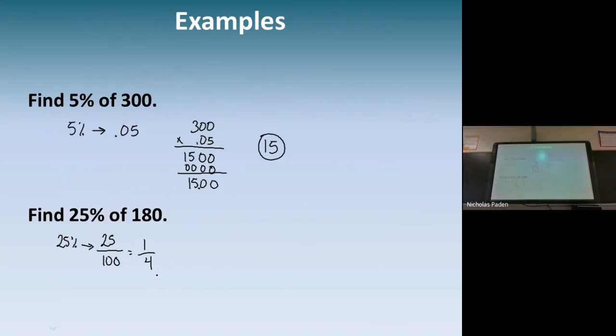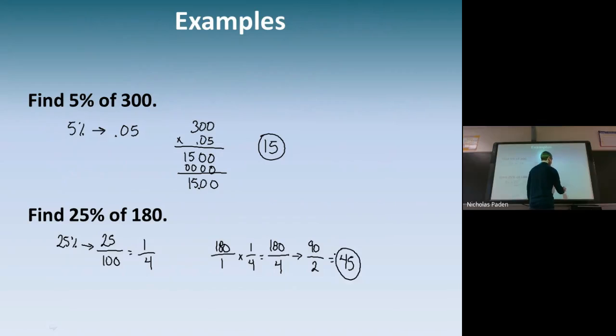Then I'm going to multiply 180 over 1 times that fraction, 1/4. So that's going to get me 180 over 4. And then I'll simplify 180 over 4. If I divide both of those by 2, I get 90 over 2. Divide that by 2 one more time, and that simplifies to 45 over 1, or just 45. So 25% of 180 would be 45.